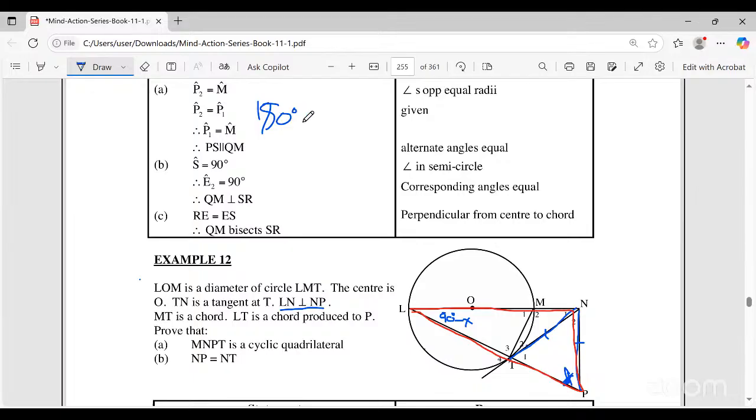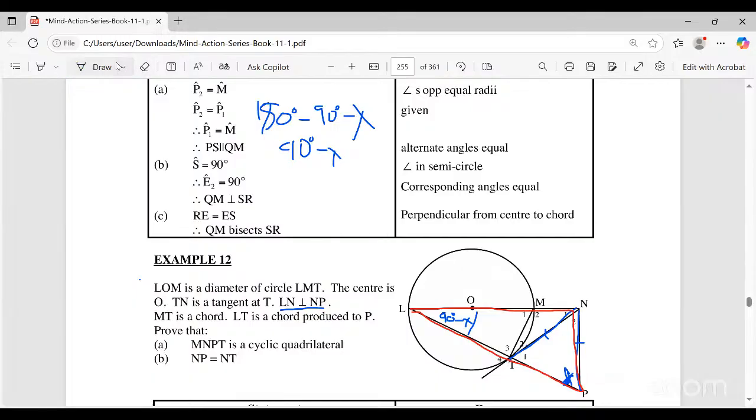So 180 degrees minus 90 degrees there, minus that x, gives 90 degrees minus x. That is why I'm saying this angle here is 90 degrees minus x. Does it now make sense to you, Naledi? Yes, sir. Okay, thank you.